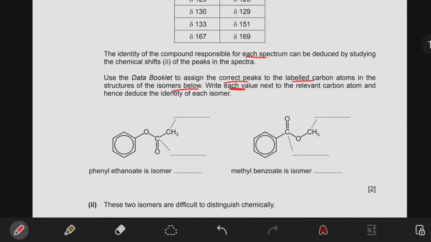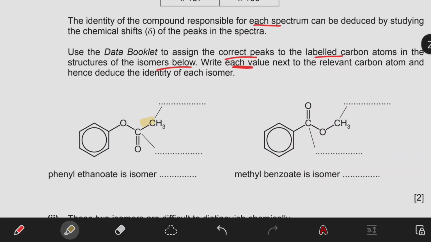Let's look at this carbon atom first. First of all, see that this carbon atom is sp3 hybridized, and it is next to a carbonyl group.